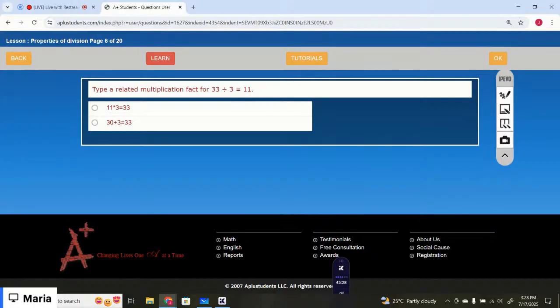Type a related multiplication fact for 33 divided by 3 is 11.